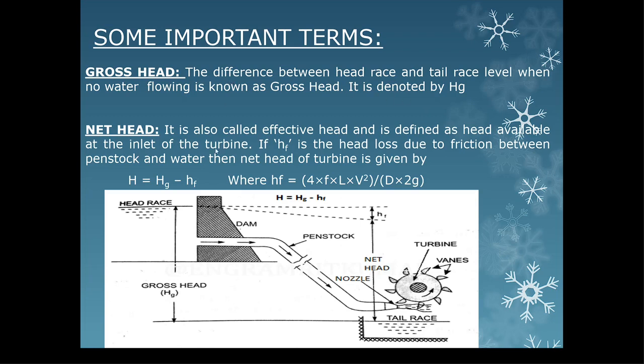Next is the net head. So net head is equal to what? Hg minus hf. Hg is the gross head, hf is the head loss due to friction. hf is equal to 4fLv² divided by d into 2g, where L is the length of the penstock, v is the velocity in the penstock, and d is the diameter of the penstock.